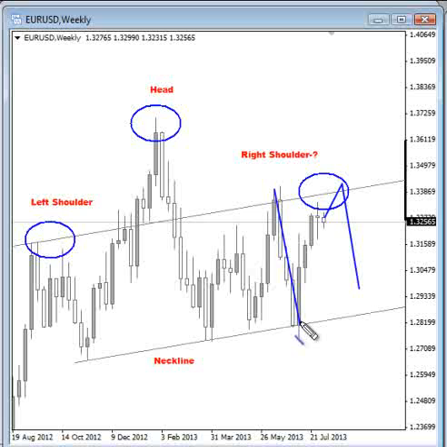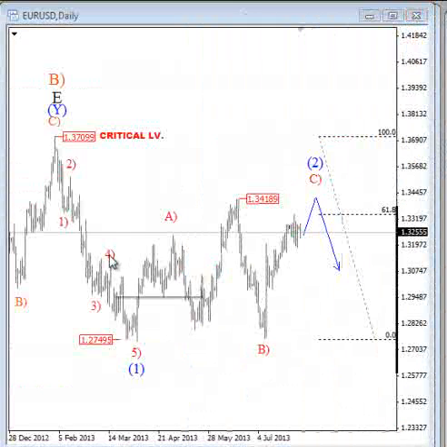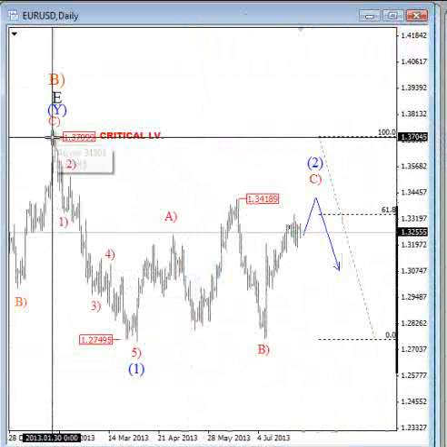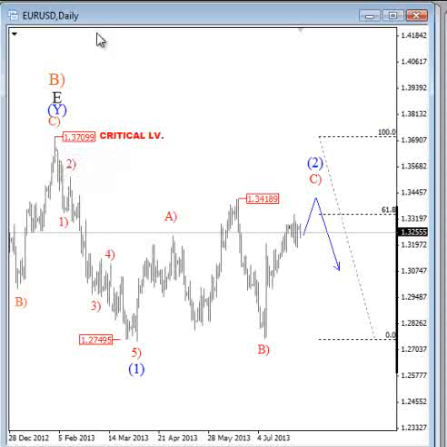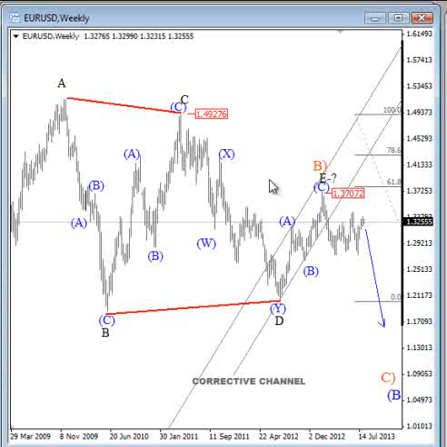Of course, the invalidation level for this euro dollar bearish view is here at the yearly highs, and if these highs would be taken out, then of course we will have to turn bullish on the euro dollar, but still only temporarily. In this case we would be looking for a more complex wave B, but still would be tracking a triangle.